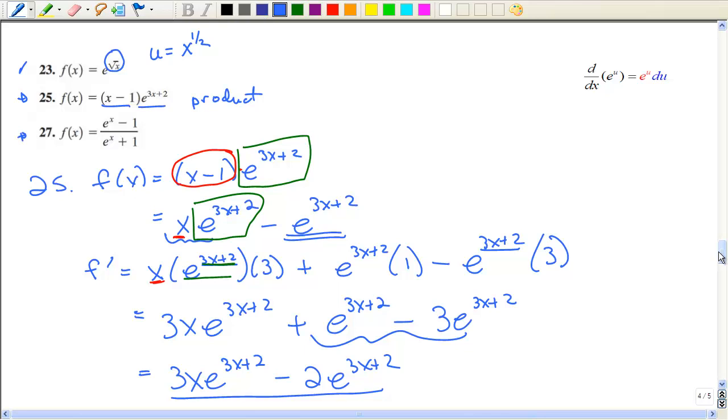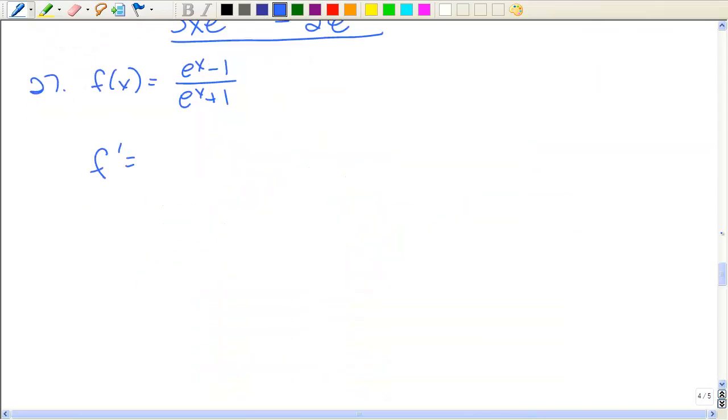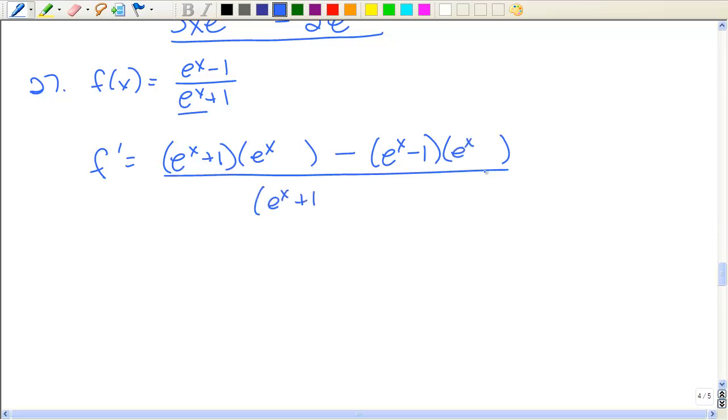Number 27, definitely going to have to use that quotient rule. So our quotient rule says to take the bottom times the derivative of the top. The derivative of e to the x is e to the x. The derivative of negative 1 is 0. So the bottom times the derivative of the top minus the top, use those parentheses, times the derivative of the bottom, all divided by the bottom squared.